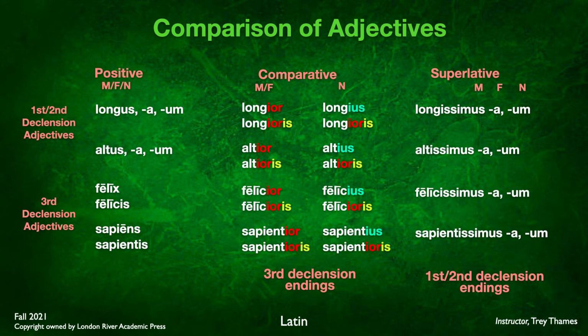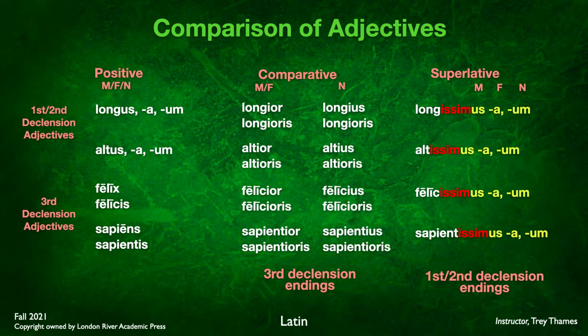But then we go back to the long -ior, plus, again, third declension endings. And of course, don't forget our neuter rule. Whatever's in the nominative singular will also be accusative singular, and nominative plural will also be accusative plural. So longius is not only nominative singular, it would also be accusative singular as well.